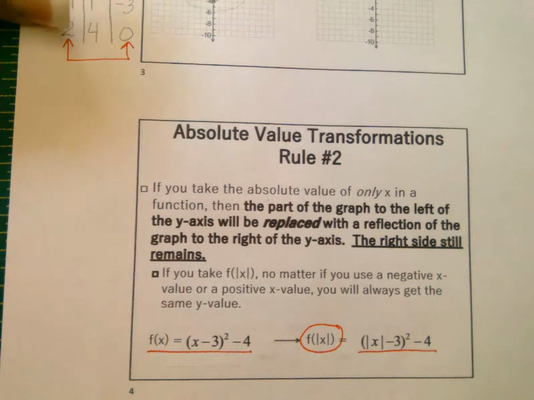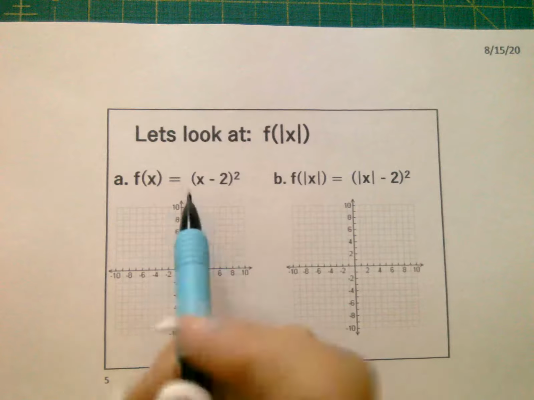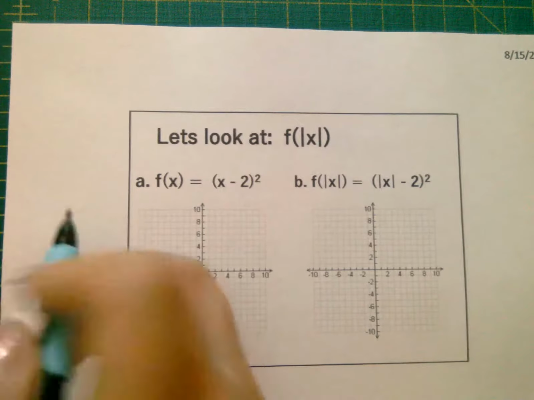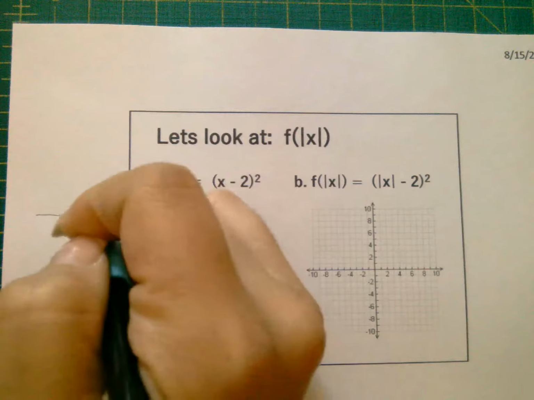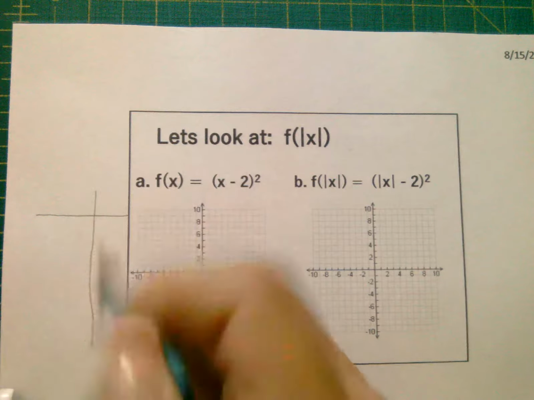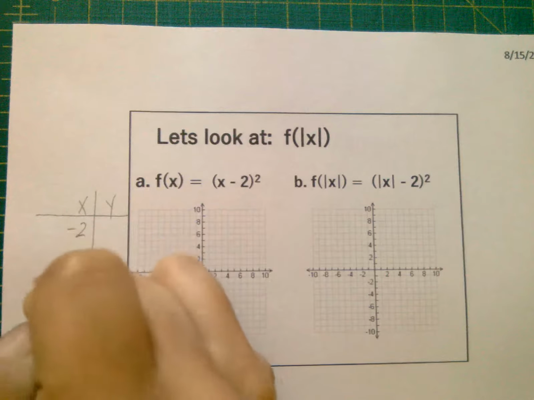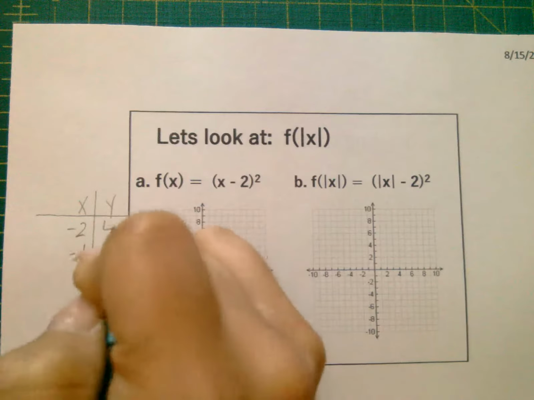So let's try our second rule. Here's my original function. Again, I'm going to use a table of values to graph. So a parabola, -2 to +2 again.